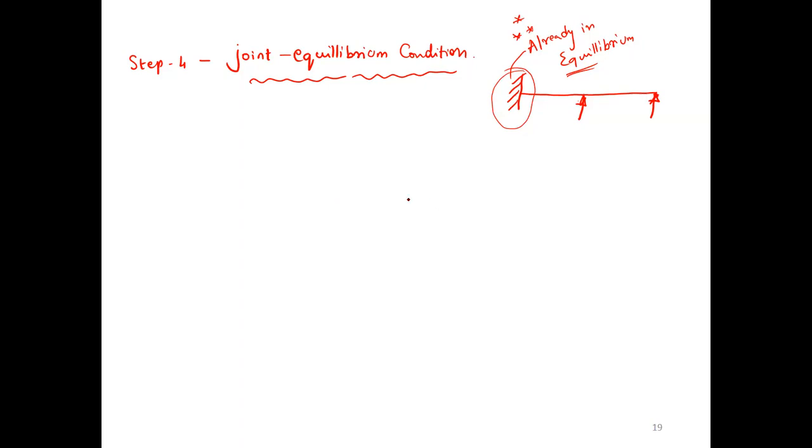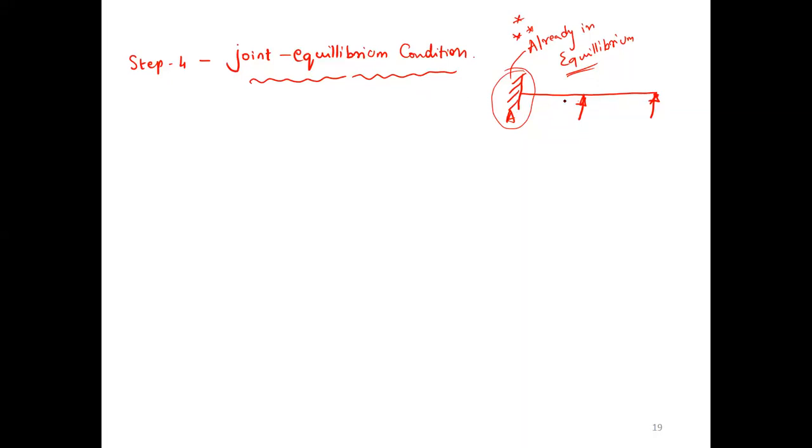So here you are not getting any joint equilibrium condition, because it's already in equilibrium. It will not allow any rotation because it develops three reactions.